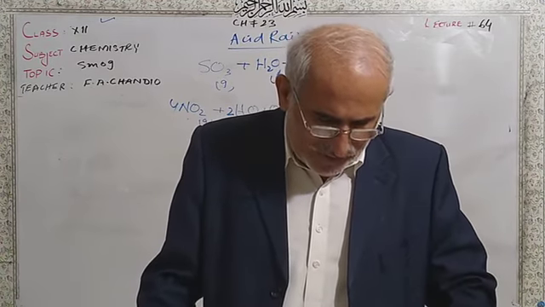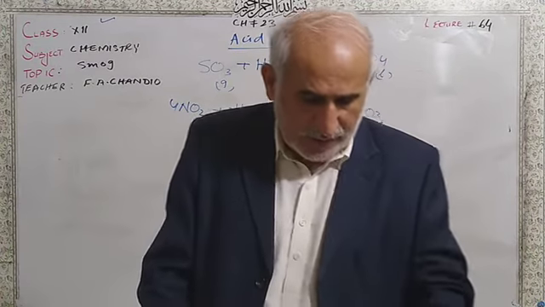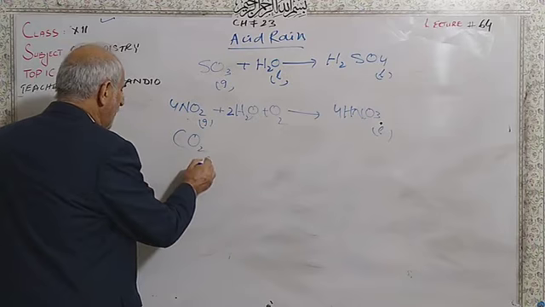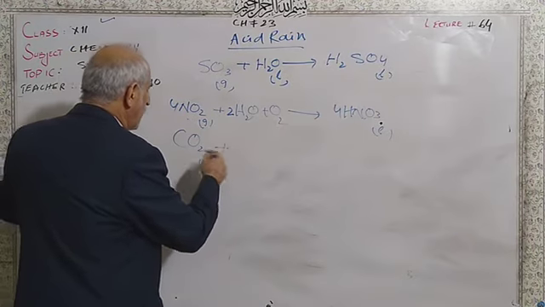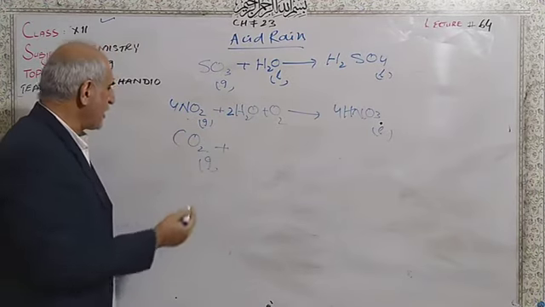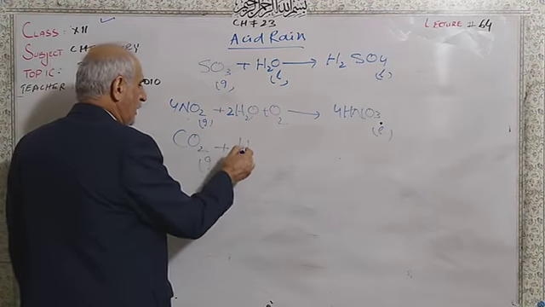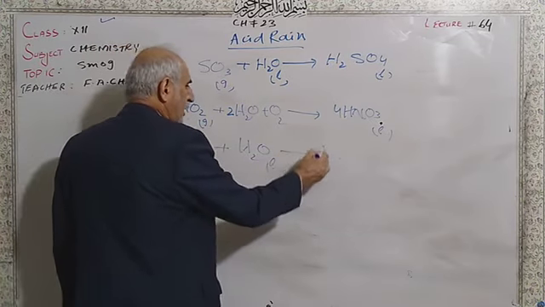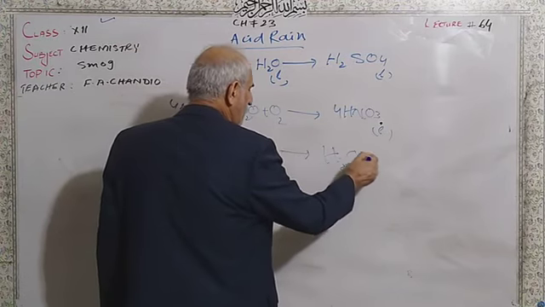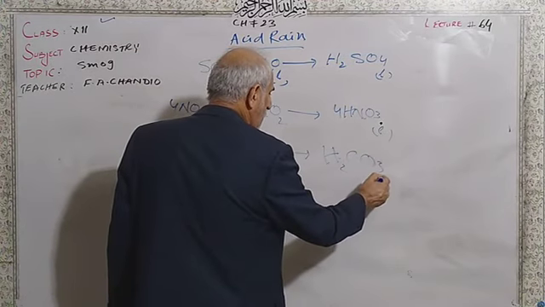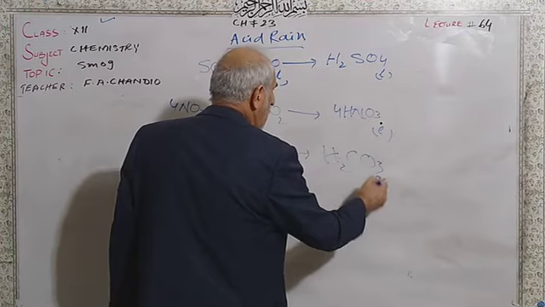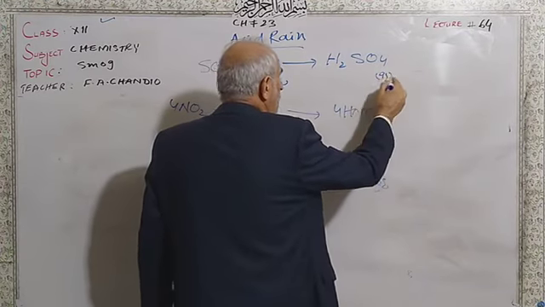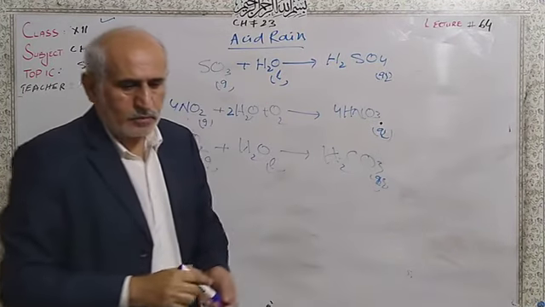Sulfuric acid, nitric acid, carbon dioxide gas. Carbon dioxide gas is present in huge quantity, and day by day the concentration of carbon dioxide is increasing in the environment. So that's why it gives carbonic acid, aqueous.